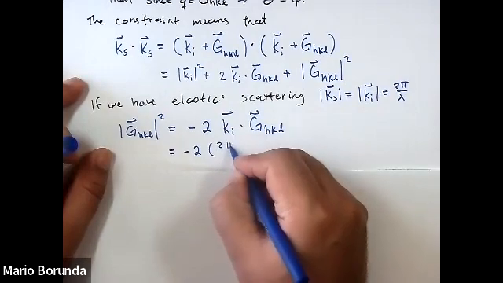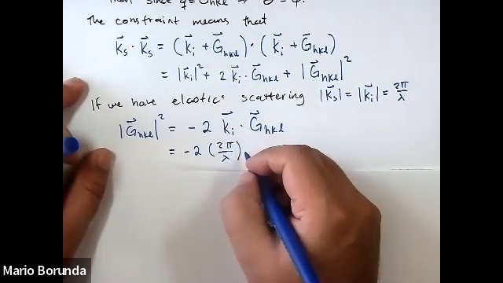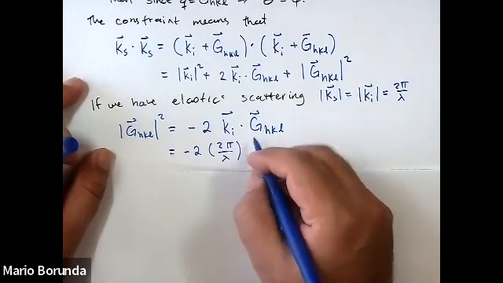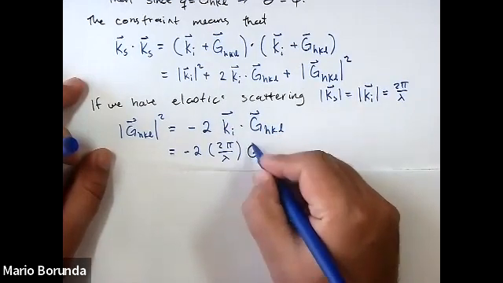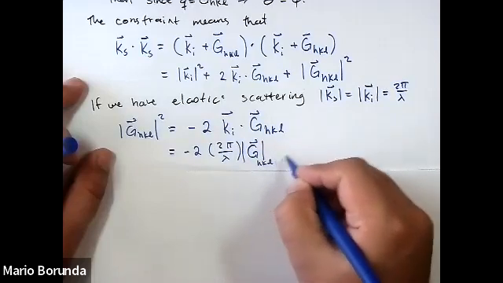Then I can put 2 pi over lambda here. Then I have the magnitude of this vector, G_HKL.